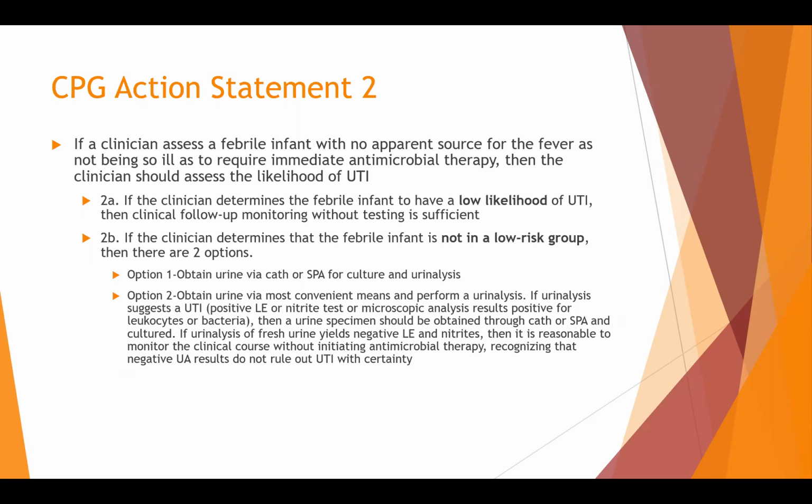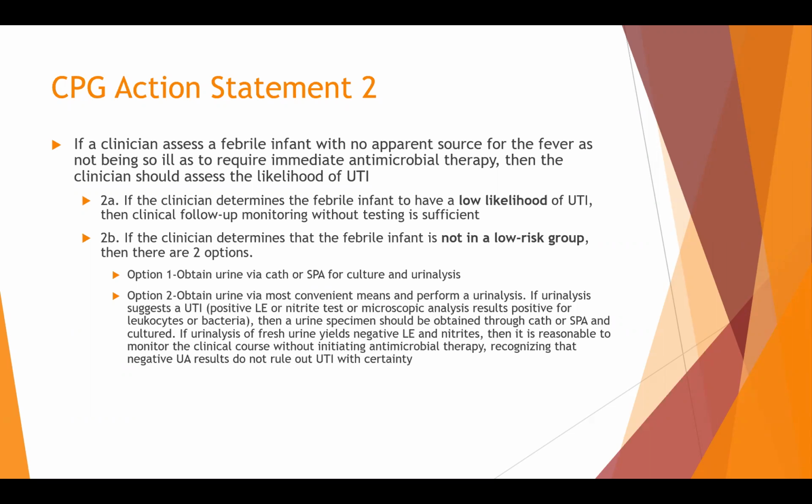option 2, which is a lot of what we run into when parents give a lot more pushback in terms of cathing the kid. So what you can do is obtain a bag urine. And then if the urinalysis suggests any sort of UTI, so does it have positive LE or nitrites or something, then you go back to the family and say, okay, we're going to have to go ahead and obtain a urine through a cath specimen.